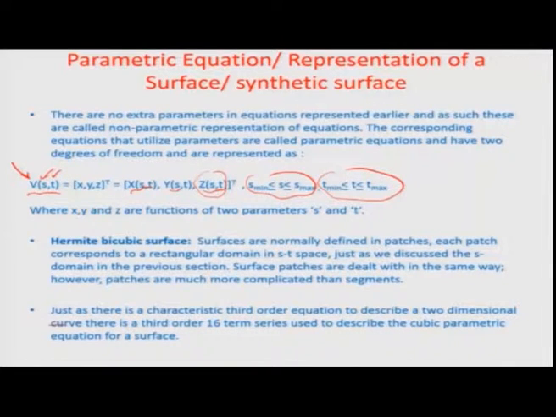We will now try to plot a bicubic Hermitian surface, which is normally defined in patches, and each patch would correspond to a rectangular domain in the s-t space, just as we discussed the t domain in the previous section. Then there is a question of connectivity of these patches, so that the whole surface is described by patches getting connected to each other.